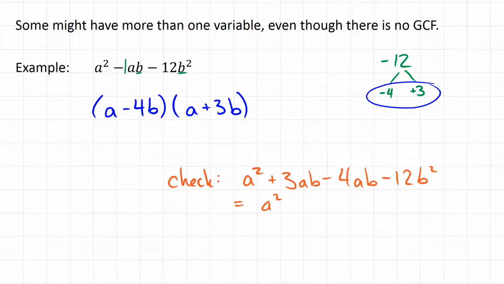That simplifies to a squared minus ab minus 12b squared. So you can actually see that having that sort of a squared, ab, b squared, all it changes is that I have to have that second variable in the second term in each binomial. And that's how we get the ab combo in the middle and the b squared at the end.